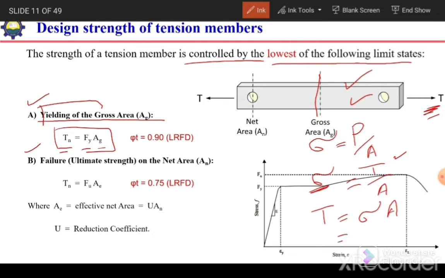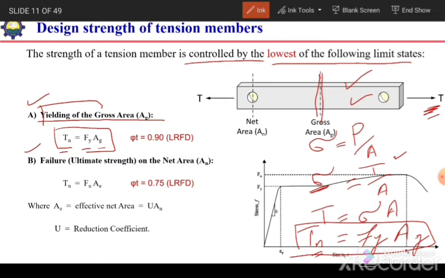So in this equation, we can replace T with Tn, the nominal tension load that it can bear, and sigma will be replaced by Fy, the yield strength of that member, and A is the gross area, the total area of the section.